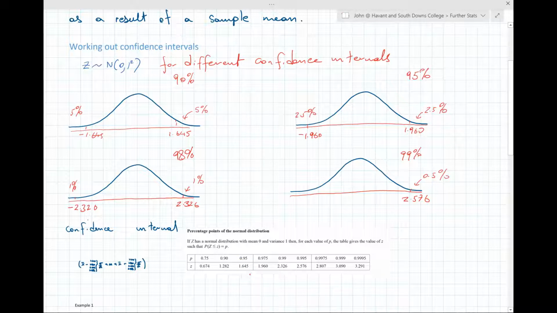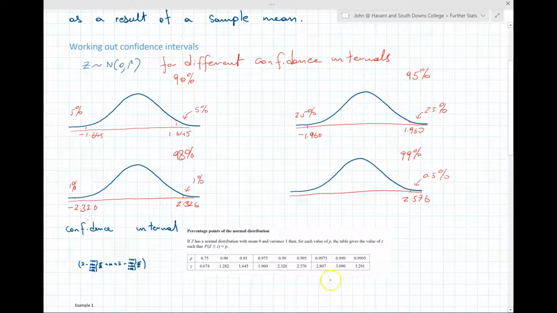Because we would have 90, we would need 95% below the 500, take away that 5% basically. And then we can see the 95% one, which is 2.5% each side, hence 0.975, 1.960.